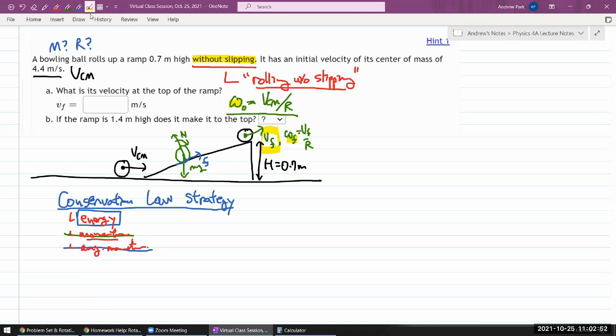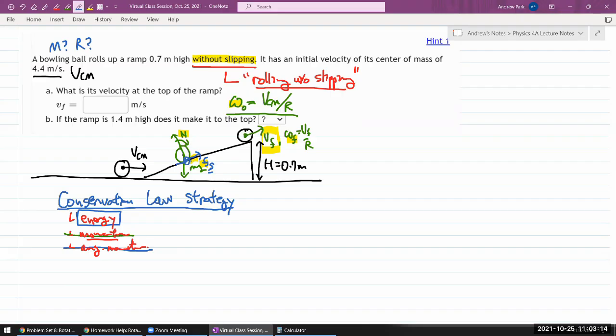If you are worried about the normal force and the friction force being there, the two non-conservative forces, with the friction force, this is a static friction force. It doesn't actually do any work because the point of contact here, where the friction force is acting, there is no displacement there.